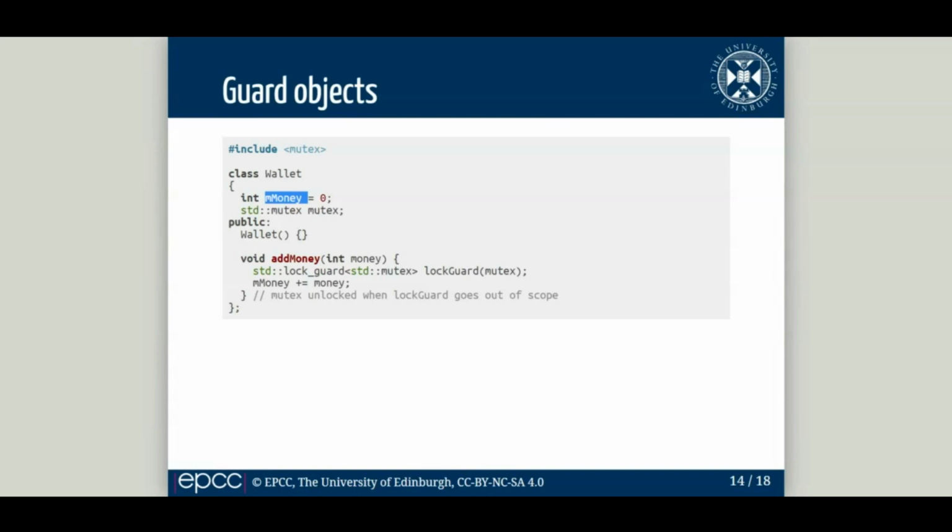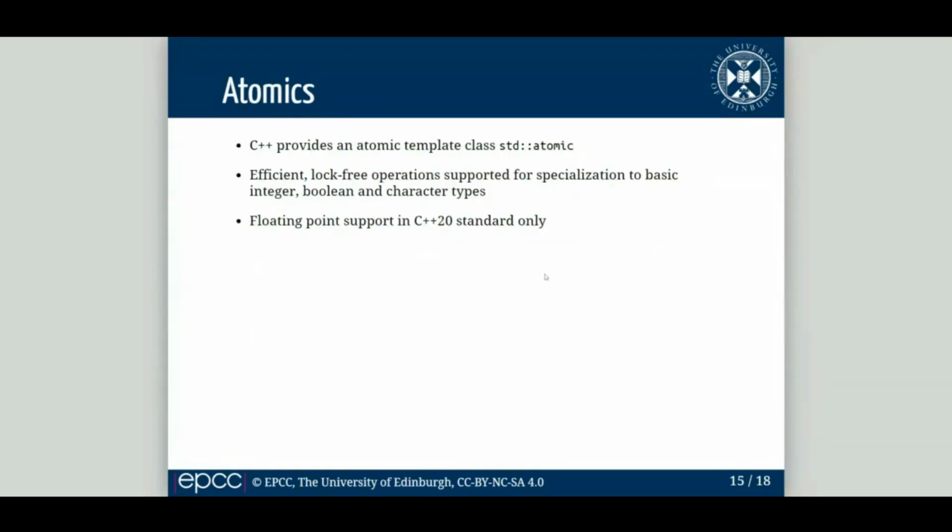In that case, this is an atomic operation, and in order to save effort in writing and creating a mutex, lock, unlock, etc., you can create an atomic variable, where you do atomic operations. In this example, we are using integers, but floating point support is available from C++20.